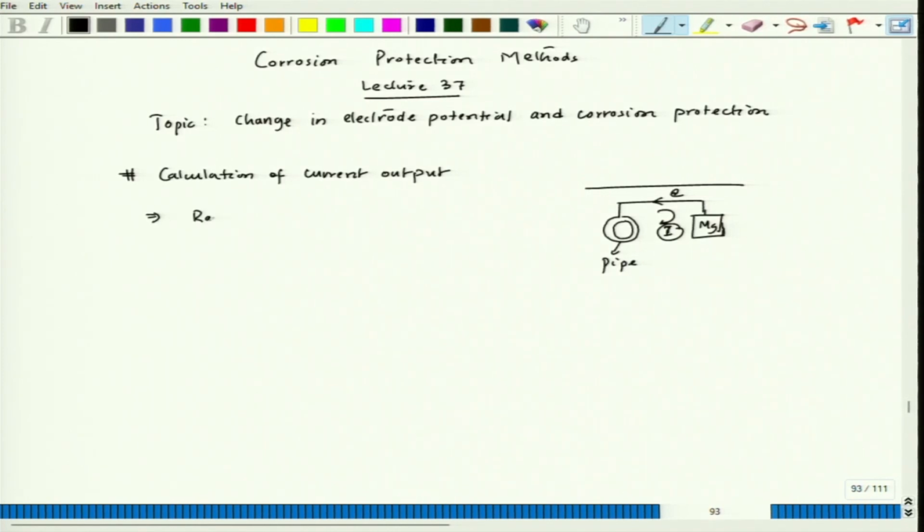One aspect is the resistivity of soil, rho, which is in ohm centimeter or ohm meter, whichever you would like to use. Second, geometry: generally long anodes give better, or higher, current output.